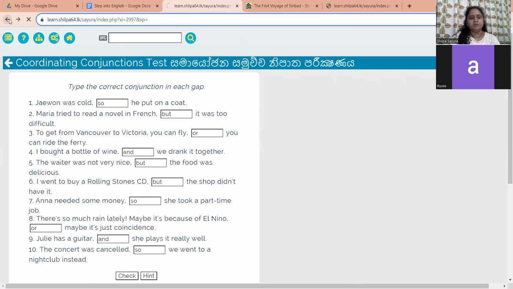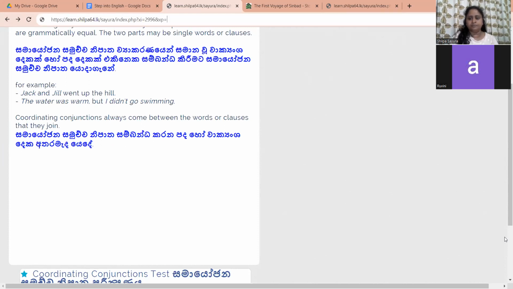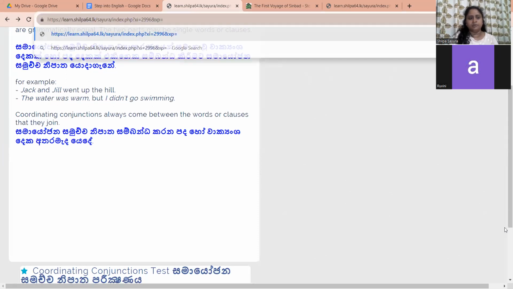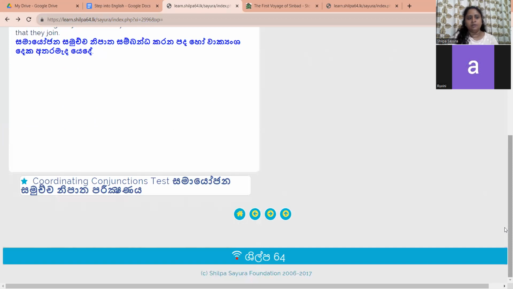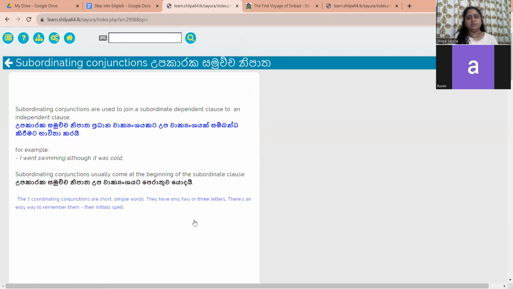Right. So now let's see the other part. We just talked about coordinating conjunctions. So let's see the other: subordinating conjunctions.